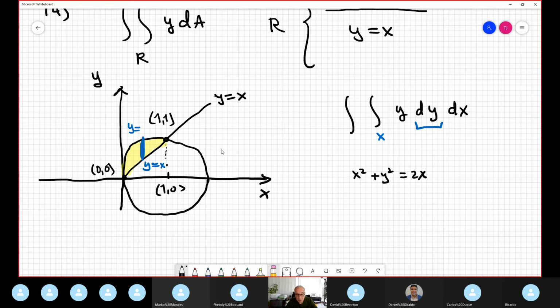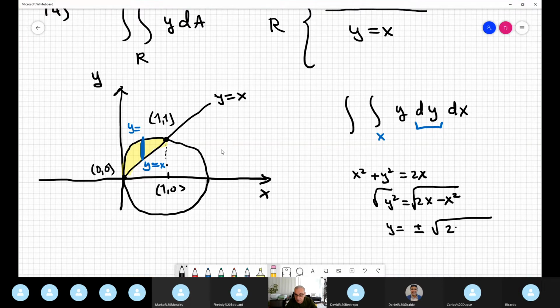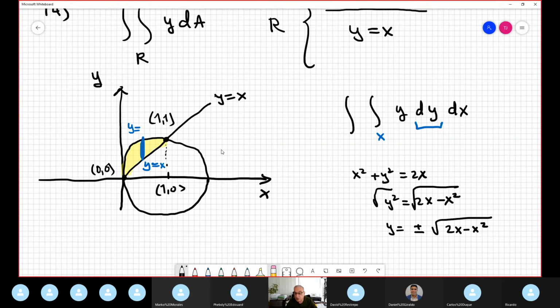So y squared is equal to 2x minus x squared. Apply square root to both sides because I need y alone, not y squared. Y alone is equal to plus or minus the square root of 2x minus x squared. Of course, I take the positive part because the positive part is that part, and the negative part is this.